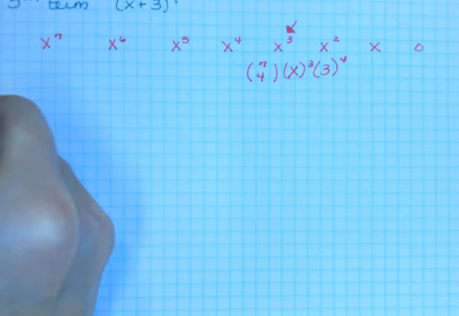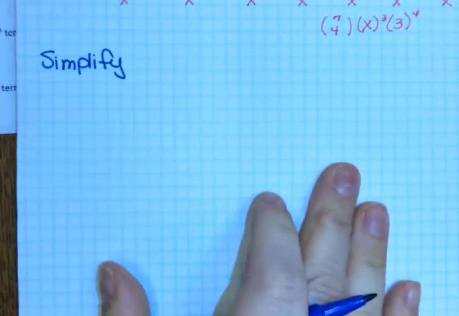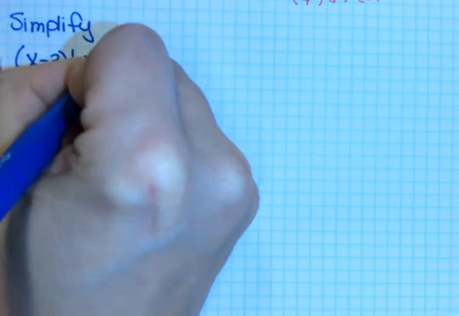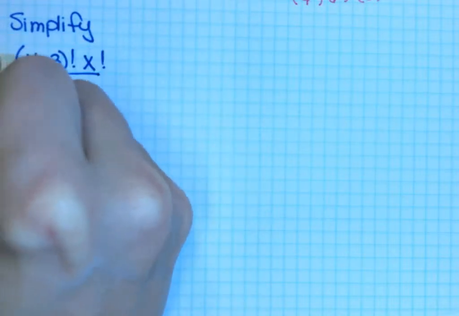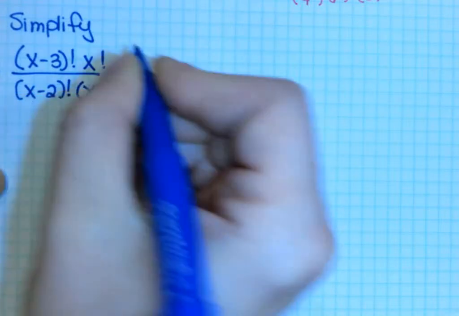So I want you to simplify (x minus 3) factorial times x factorial over (x minus 2) factorial times (x plus 1) factorial.